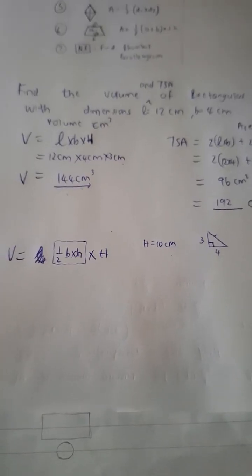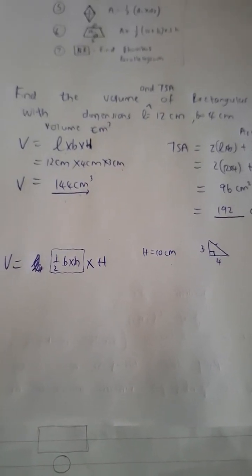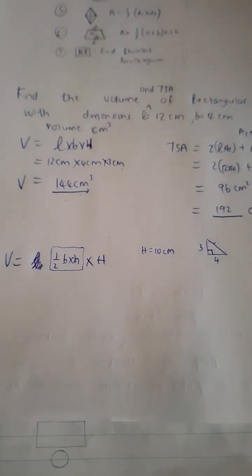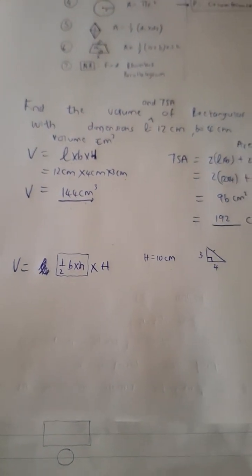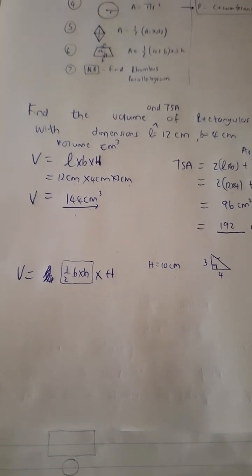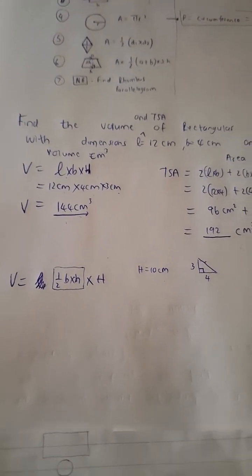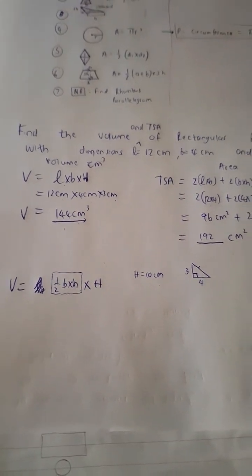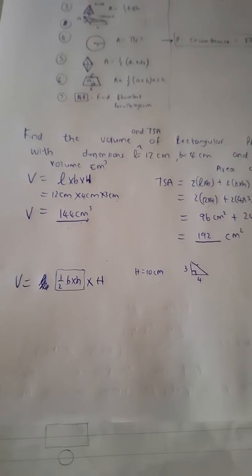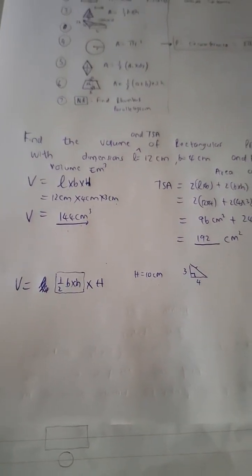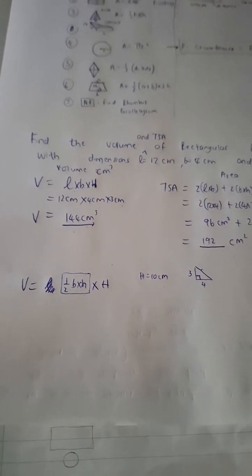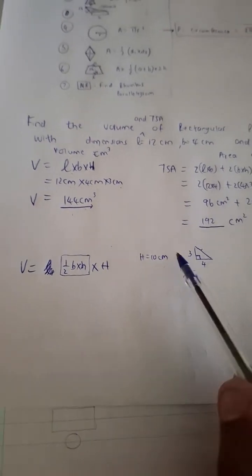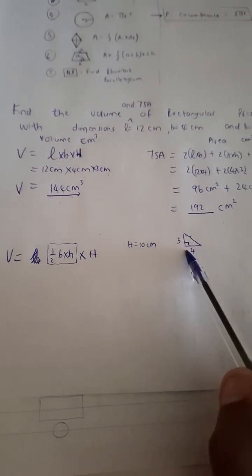But if we are going to calculate the area of that triangle, we are going to say half base times height, but what is the base and what is the height of the triangle? We definitely say half base times the height.